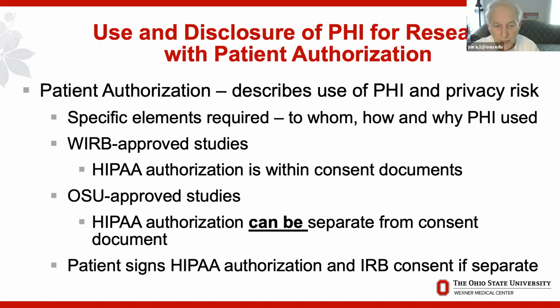In OSU studies, it can be integrated with the consent, but it also can be, and it was in the past all the time, separated from the consent. So the person actually signs a research consent to do the trial and a HIPAA authorization. If it's integrated, then they just sign one form that's the authorization and the study approval. But it can be separate if need be.